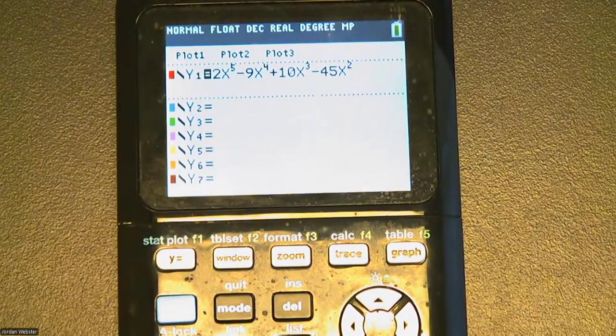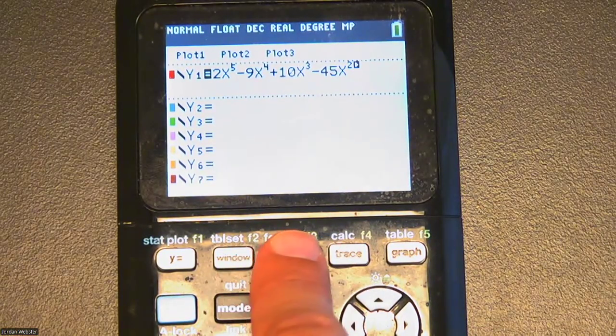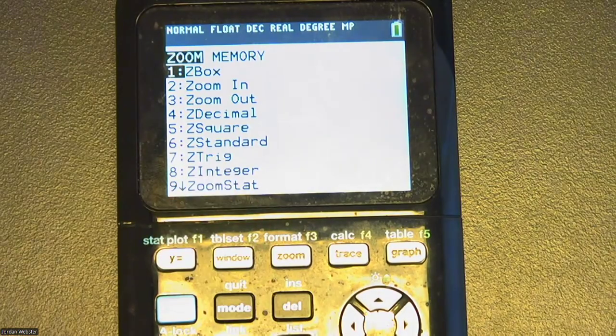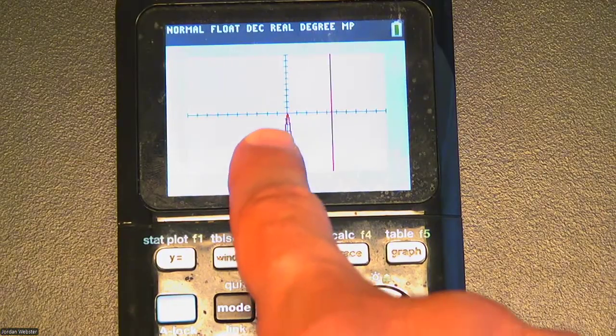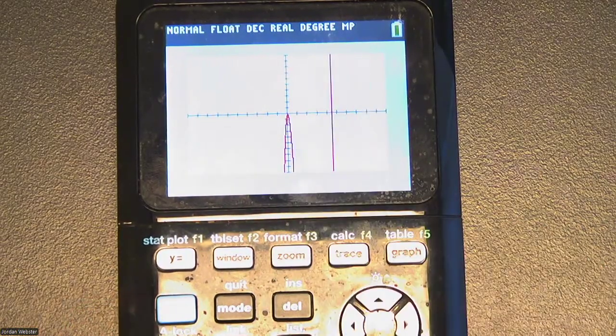So that was the graph. I kind of know what's going to happen. If I go zoom standard, which is zoom 6, you can see it goes up, down, and then crosses back over. At least that's what mine does.